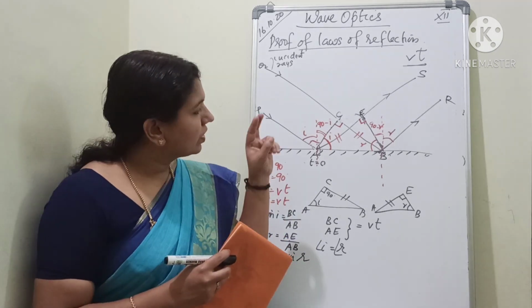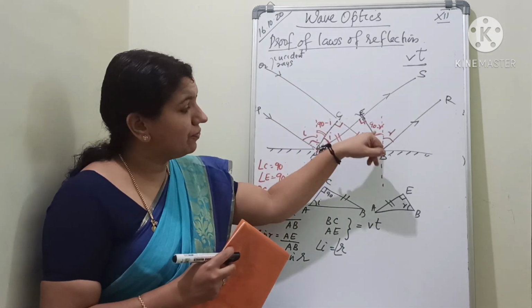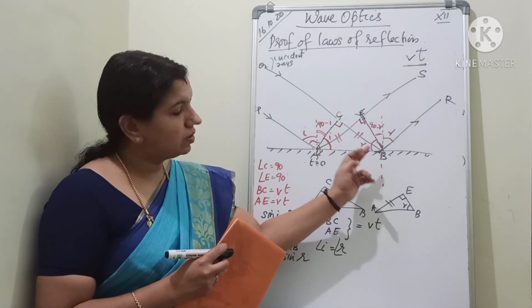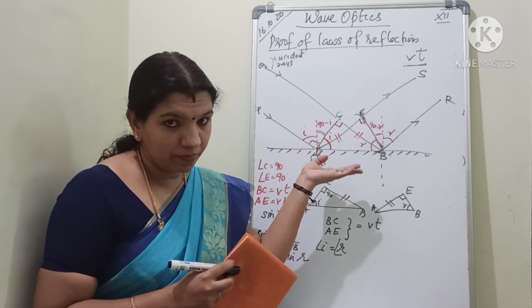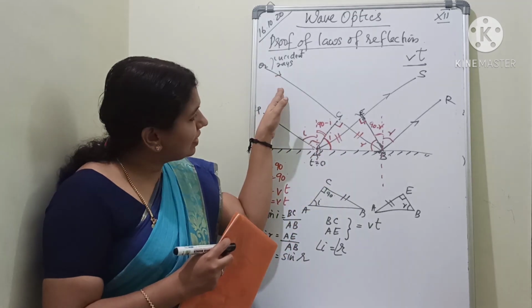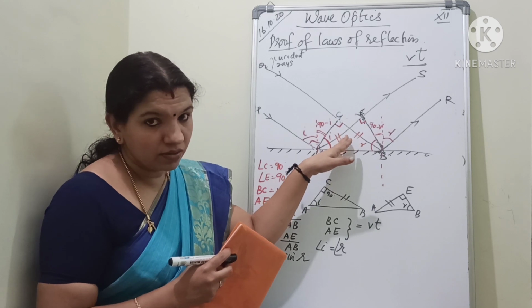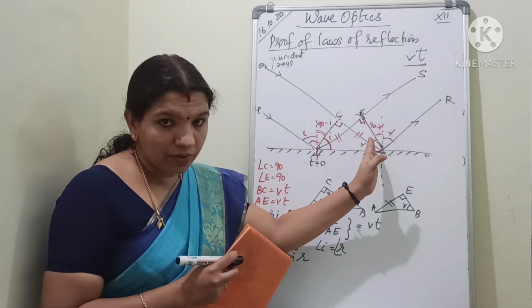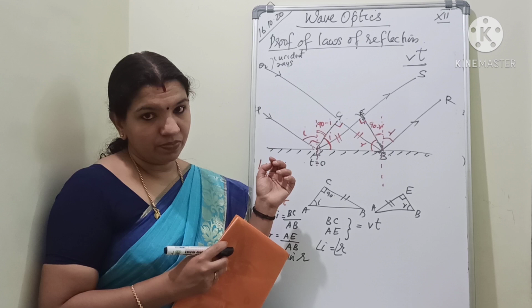Once again, if you consider the incident wavefront, reflected wavefront and the surface, these three are perpendicular to the plane of the board. Again, the incident ray is perpendicular to the incident wavefront, the reflected ray is perpendicular to the reflected wavefront, and the normal is perpendicular to the surface.